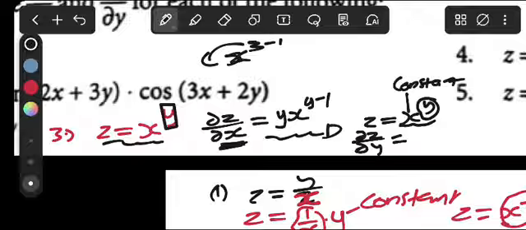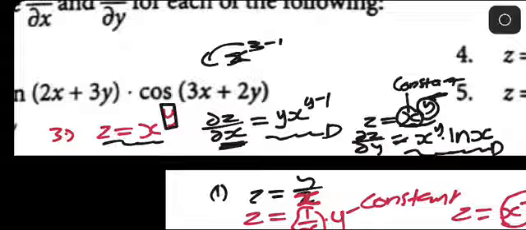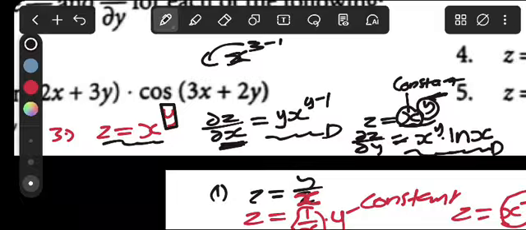It is supposed to be multiplied by the derivative of y, which is 1. So if you multiply by 1, nothing will change. You'll have x raised to the power of y, multiplied by ln of the base, which is x. Ln x, like this. That is what we're supposed to have there.